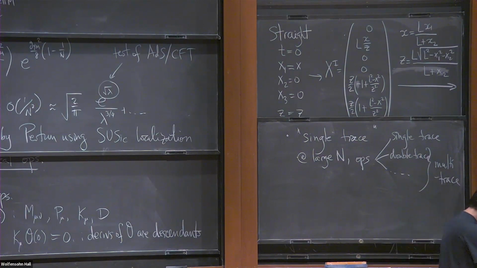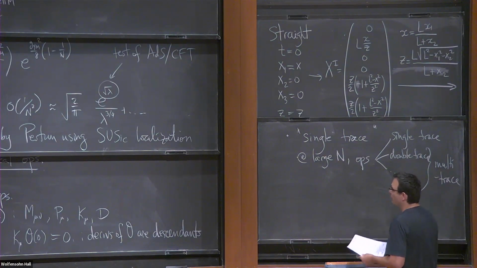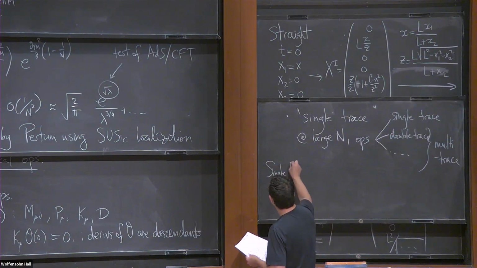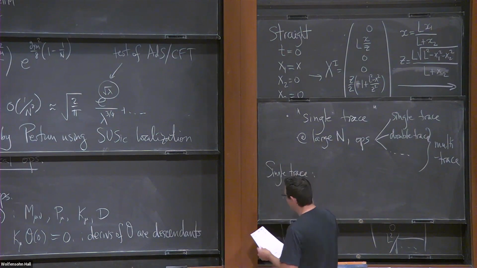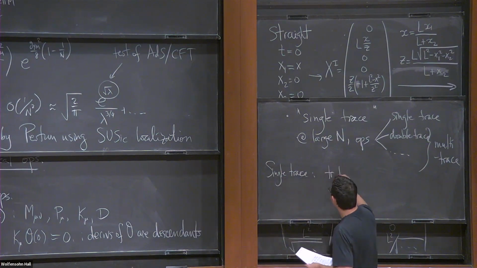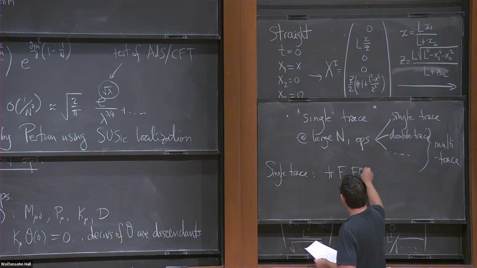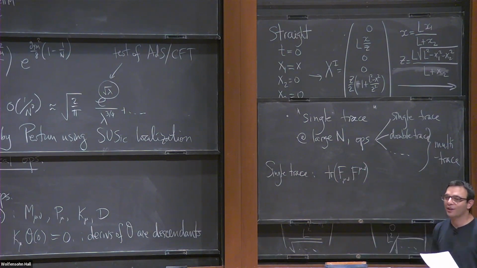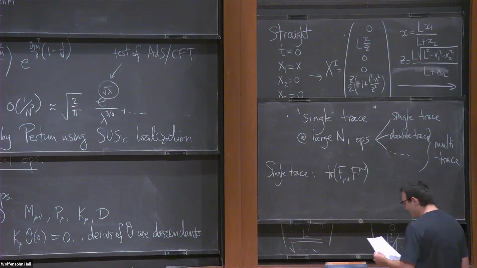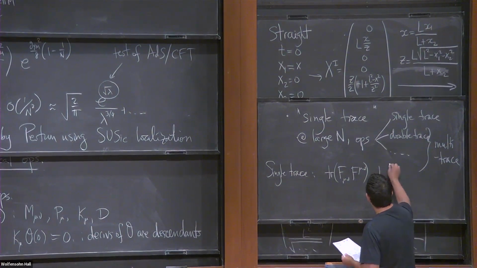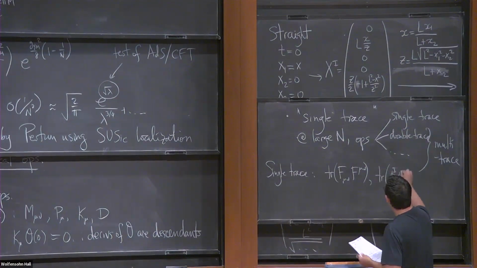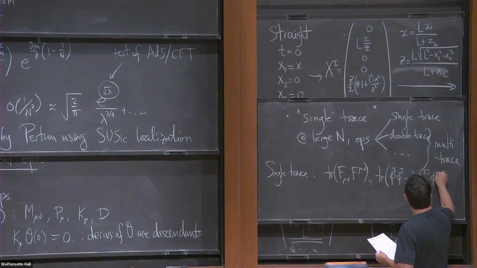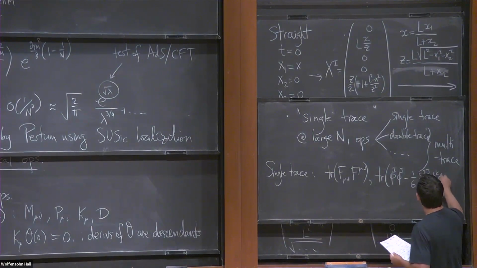So what do they look like? Well, examples of single trace operators would be, for example, trace F_μν F^μν. I think the name is self-explanatory. We're just taking only one trace over the color indices. That's what single trace means. Another example would be trace of (φ^I φ^J minus 1/6 δ^IJ φ^K φ^K). This operator is going to be important later.